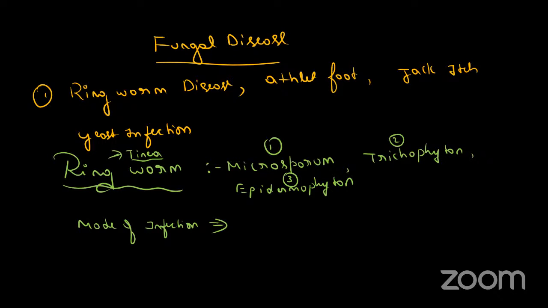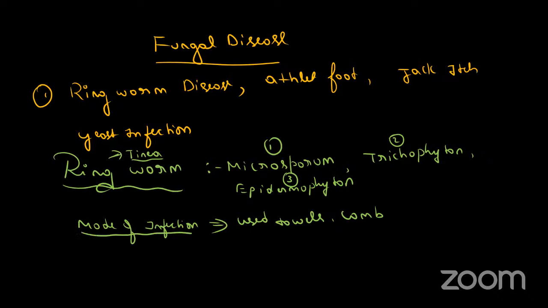So the mode of infection is through used towels and through combs. That's why we have to use our separate combs and our separate towels. This is why. Okay, fine.